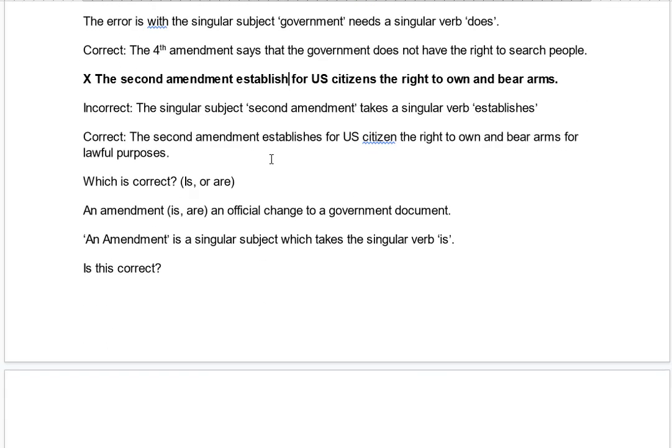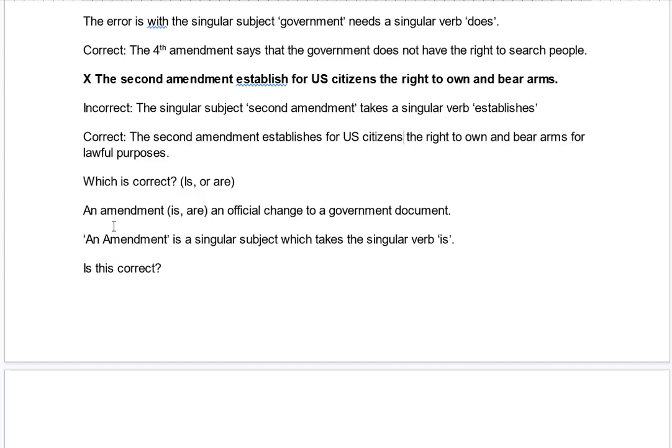The Second Amendment establishes for U.S. citizens the right to own and bear arms for lawful purposes. Which is correct? An amendment are an official change to a government document.